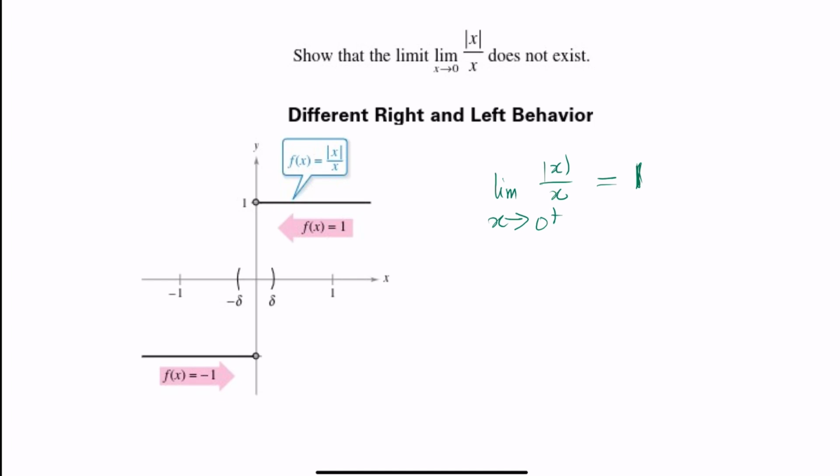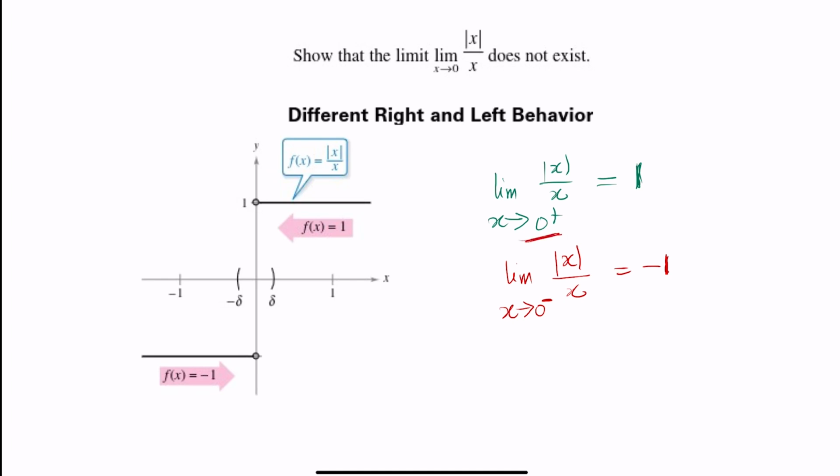Now let's look at the limit as x approaches 0 from the left. This is the left side of 0 and this is the left-sided graph. As we approach 0 from the left, the value we have here is negative 1. So that tells us that the limit of absolute value of x over x as x approaches 0 from the left equals negative 1. Now these two values are not the same.